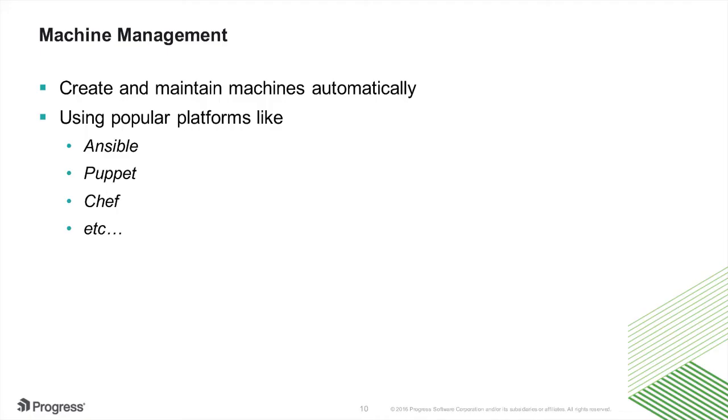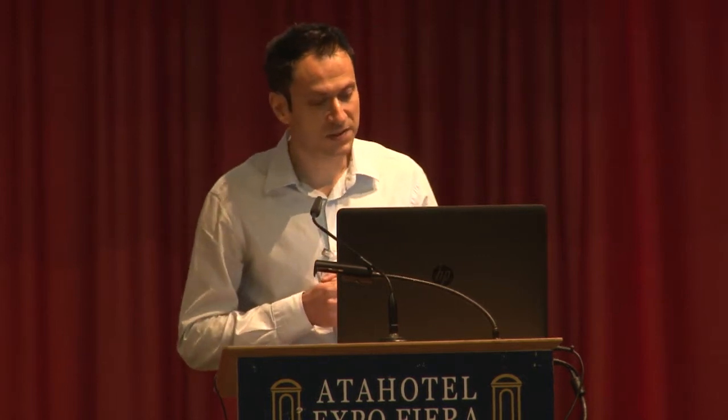It doesn't matter. Okay, but how am I going to generate my machines? 16 machines, well, I can do it manually, but imagine the situation when I have to upgrade something. If I need to switch to a newer version of my tool, opening 16 machines and doing this manually, well, it's not a good solution.